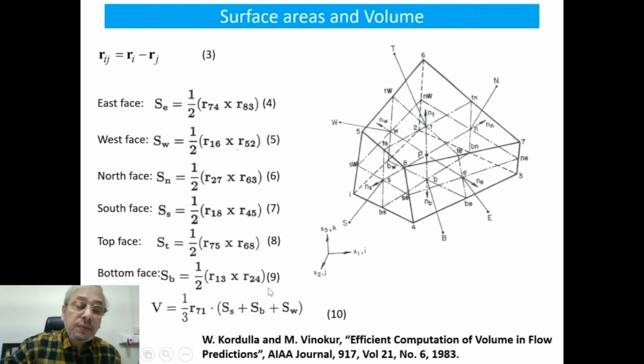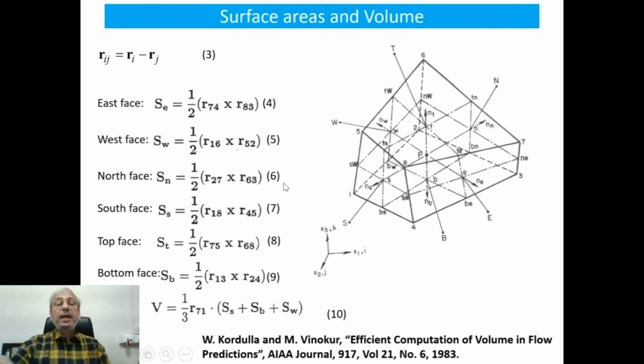And then just following our previous slide, the volume occupied by this particular arbitrary control volume is 1/3 of R71, exactly what we did in the earlier slide, R71 multiplied by the surface area of the southern surface, that means 1485, plus the surface area of the bottom surface, that means 1234, plus the surface area of the western surface, that means 1265.